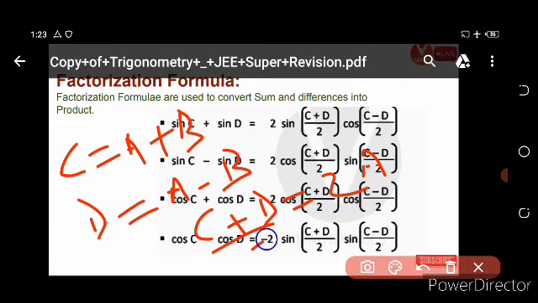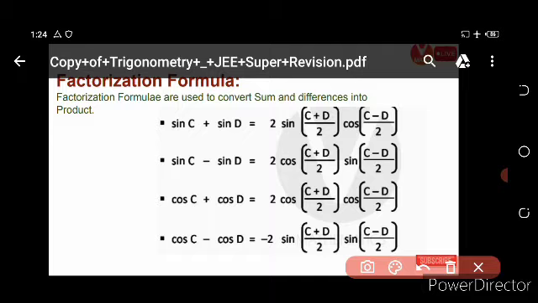That is C plus D by 2 is equal to only A. And C minus D by 2 is equal to A plus B minus A plus B, that is only B. So C plus D by 2 is equal to A, and C minus D by 2 is equal to B.